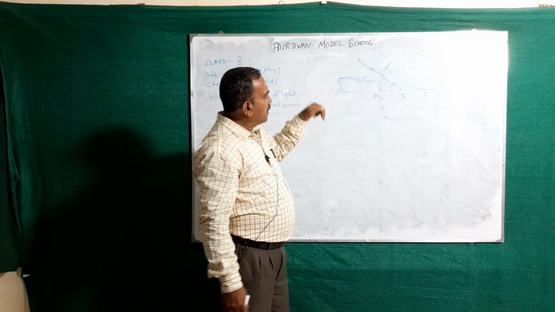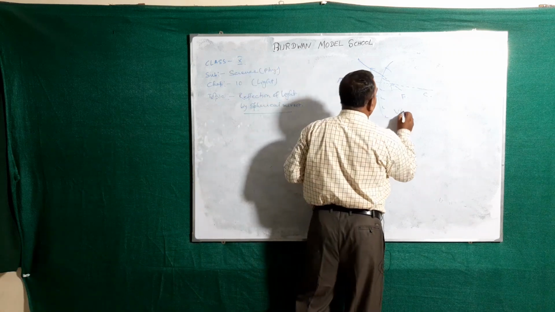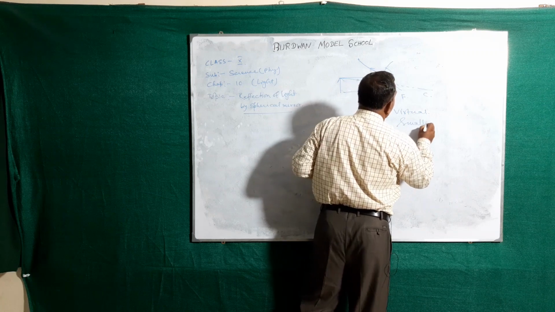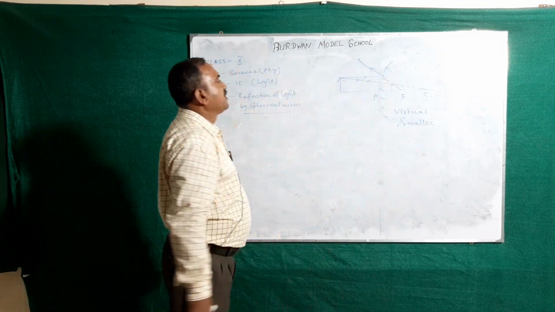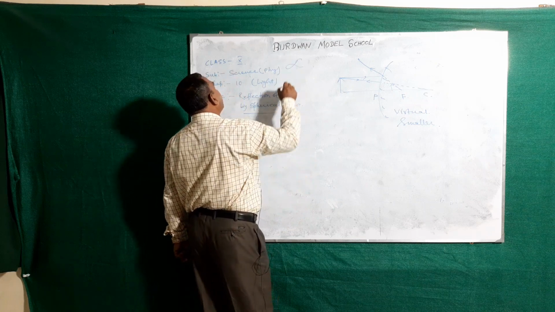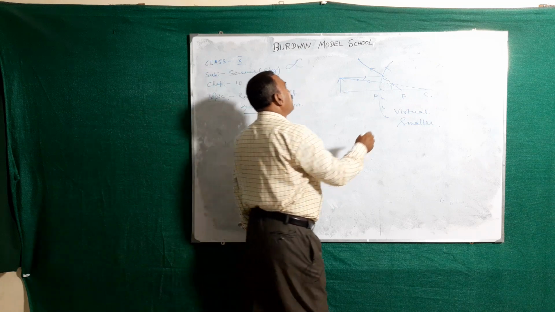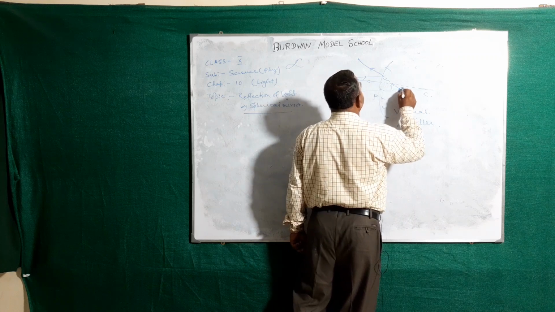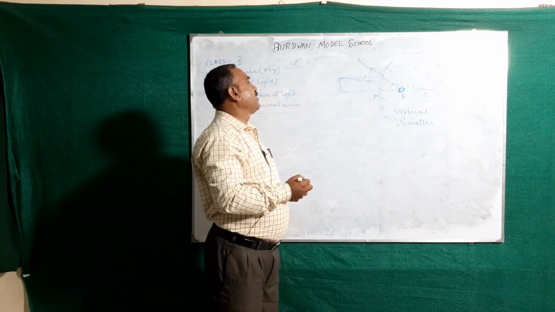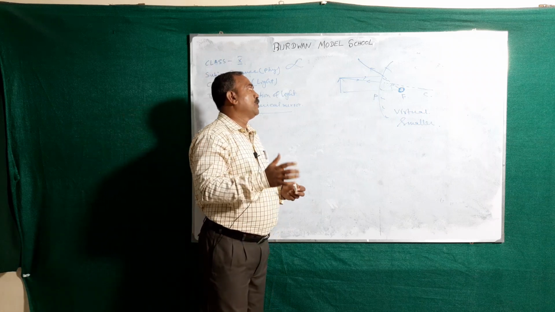Anywhere you put the object between infinity and pole, the image will form in between P and F, and the nature of the image will be virtual, smaller in size. Okay? If the object is placed at infinity, the image will form at the focus. It will be very, very small in size, that means a point image.